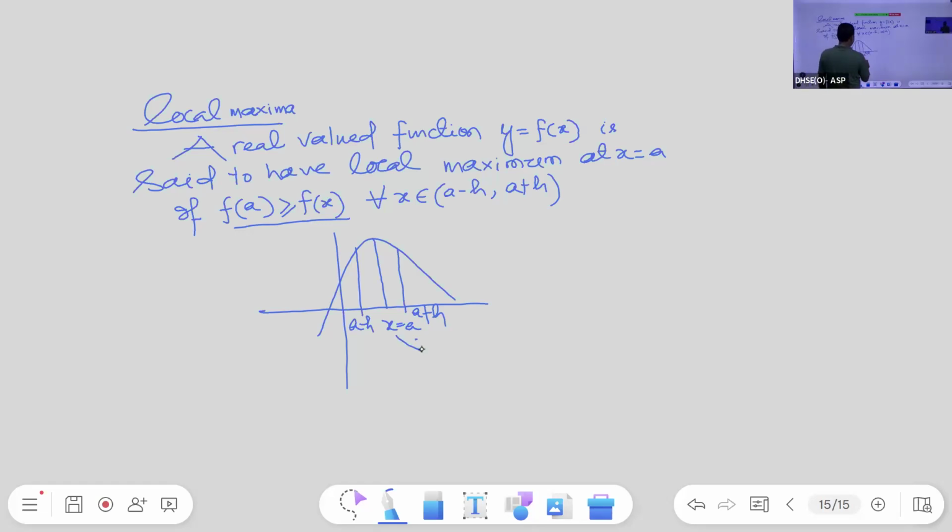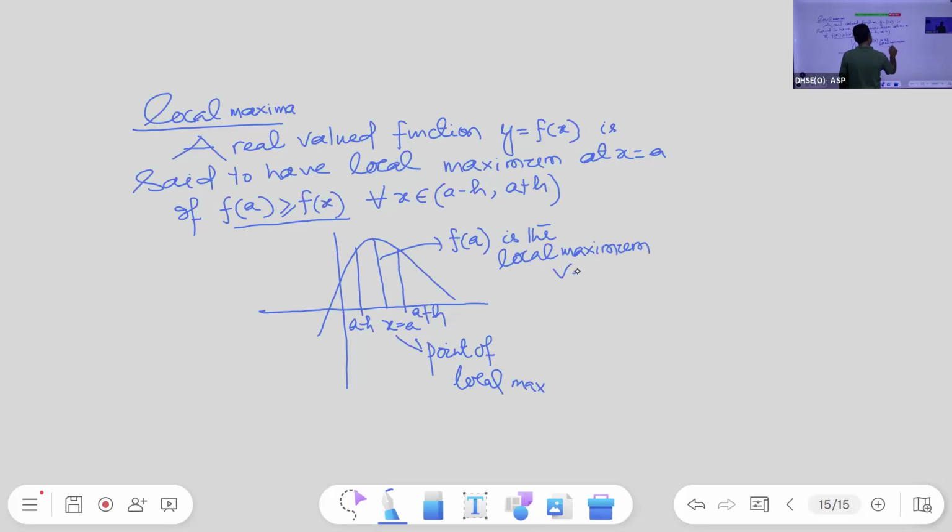So x is equal to a is the point of local maximum, and f of a is the local maximum value. I hope it is clear to you.